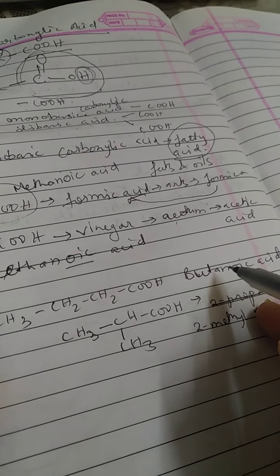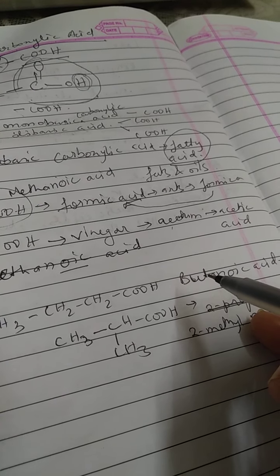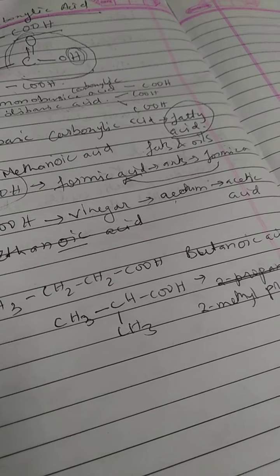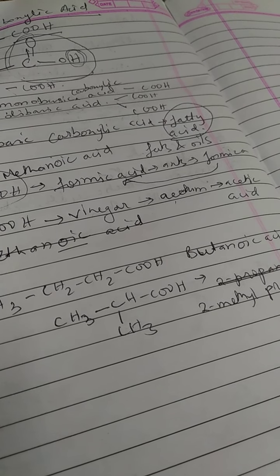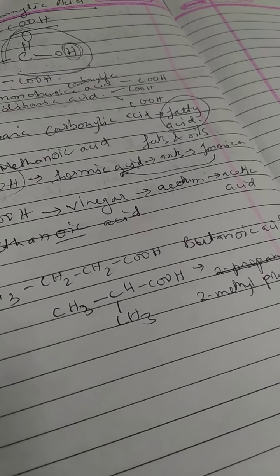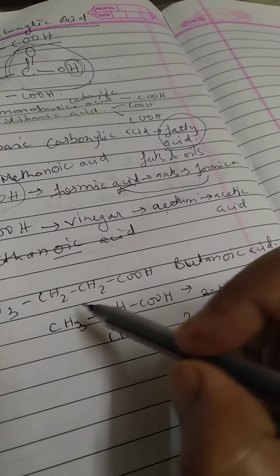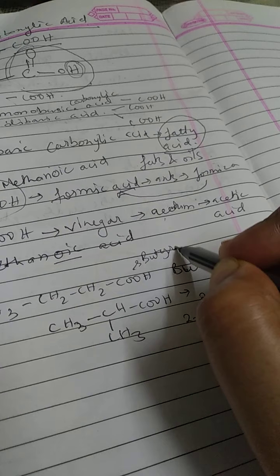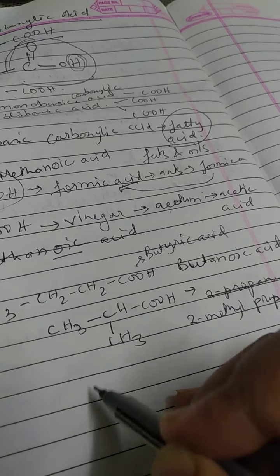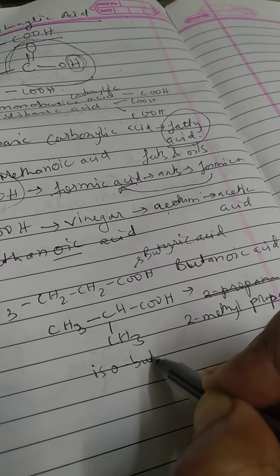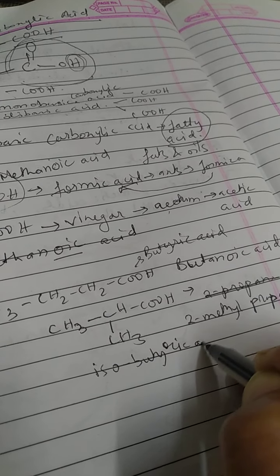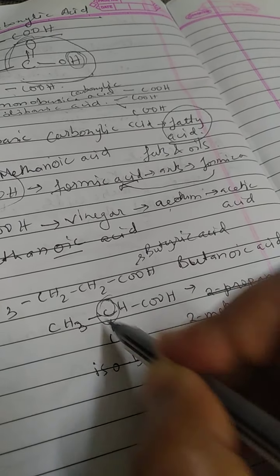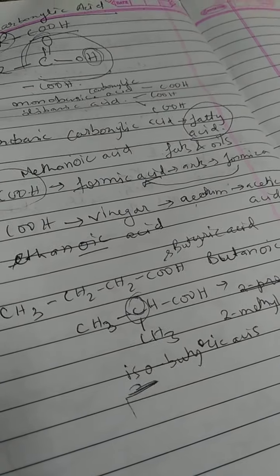Its trivial names will be butyric acid and isobutyric acid. Okay, the trivial name will be butyric acid, and the branched one will be isobutyric acid, because of this carbon, it is called isobutyric acid.